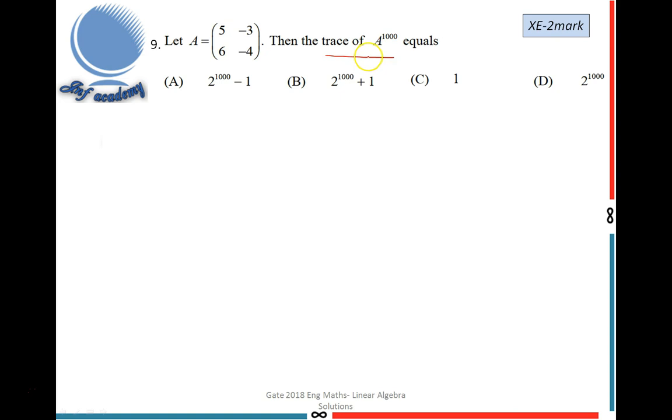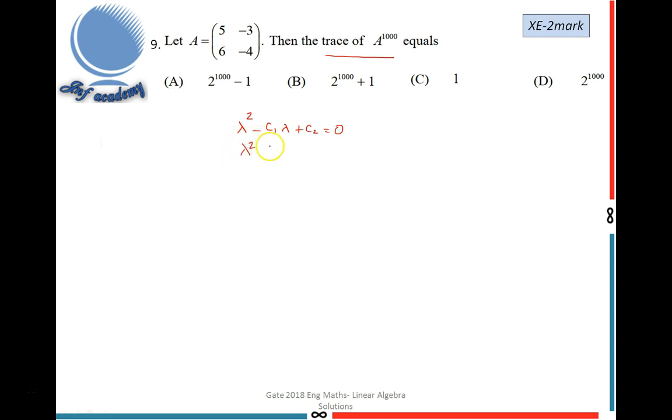So here I use one property, that is sum of the principal diagonal elements equal to sum of the eigenvalues. So first I find the eigenvalues of this matrix A. This is the easiest way. What are the eigenvalues? The characteristic equation of A is lambda square minus C1 lambda plus C2. This is one shortcut way to find the characteristic equation for a 2 by 2 matrix.